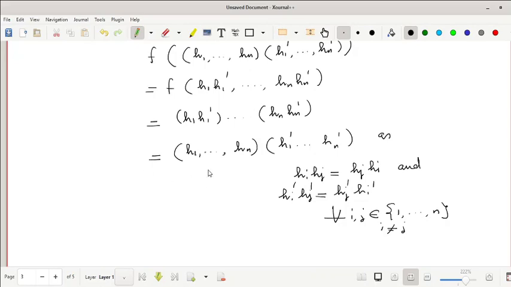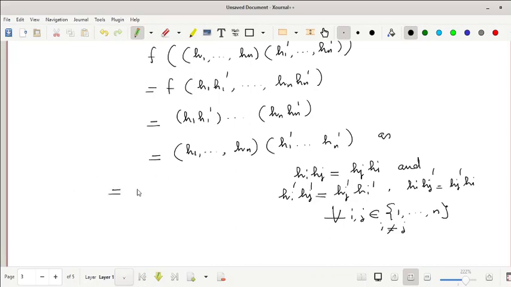So ultimately you can shift all the hi's from this to that, and this is also true that hi hj prime is the same as hj prime hi. This is also true.